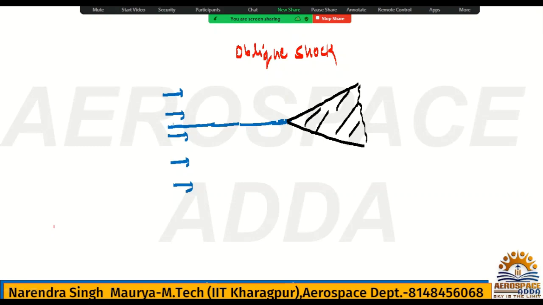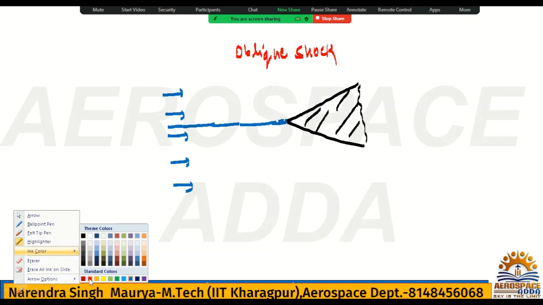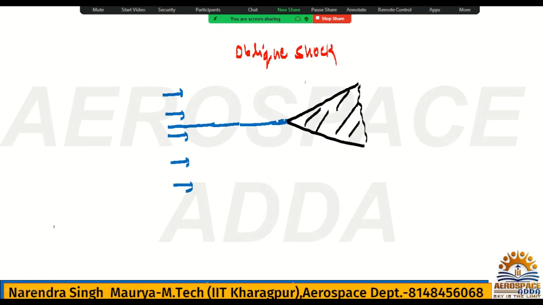All right. So in this case, whatever shock is formed will be an oblique shock, and the formation of the oblique shock will be like this. This is the oblique shock now.